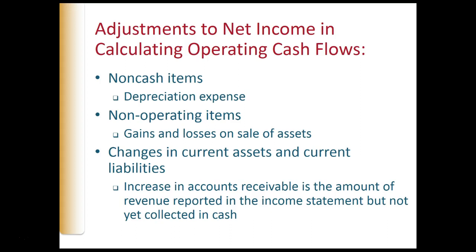So, for example, all sales to customers are reported as revenues in the income statement, but only cash collected from customers represents an operating cash inflow. The amount of revenue not collected in cash will equal the increase in accounts receivable.